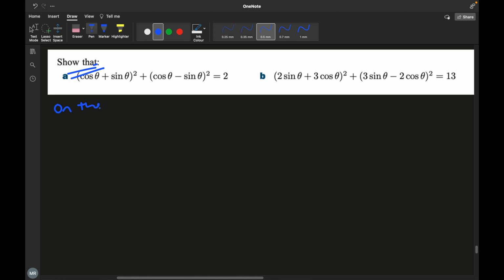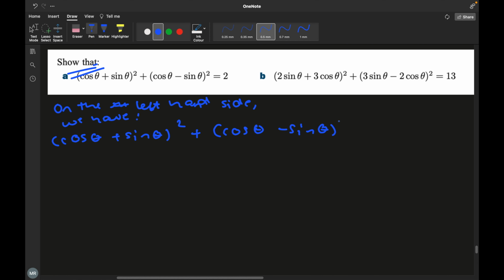On the left hand side, we have this. And now we expand this, we get cos squared theta plus 2 into cos theta sin theta plus sin squared theta.